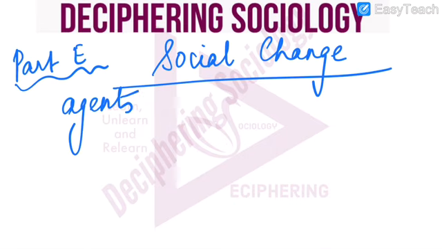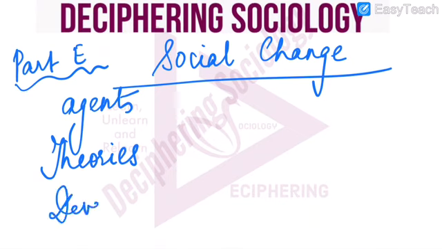We study different theories. We study different definitions of development, dependency. We learn about different types of countries classified on the basis of development. All these we try to study here.